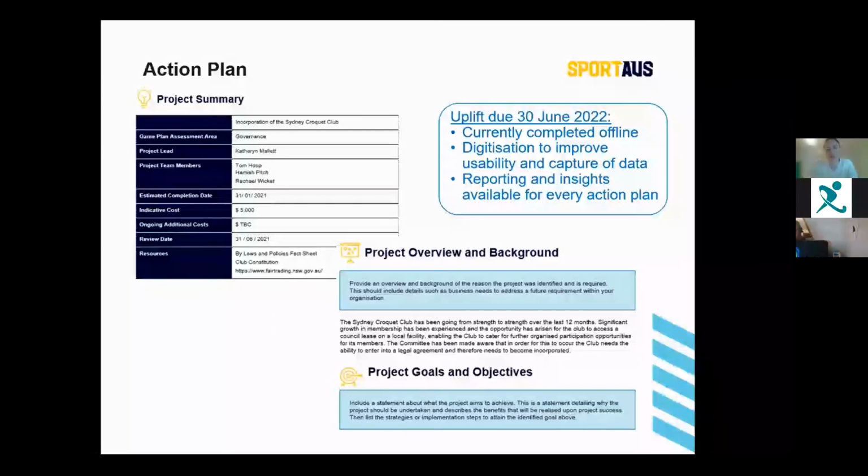I can see Rosalind's got a question in the chat. It's a really good question, Rosalind. The question is, does more than one person fill in the surveys, and do you get a rating across all the responses? At present, only one person fills in a survey at a time.